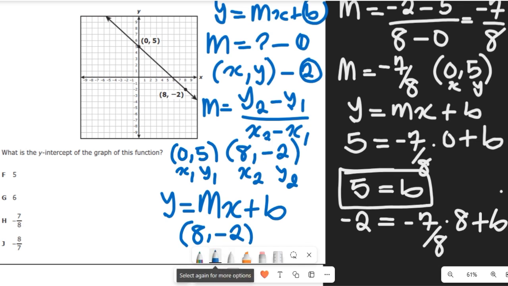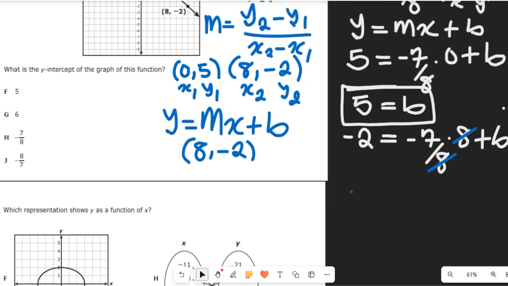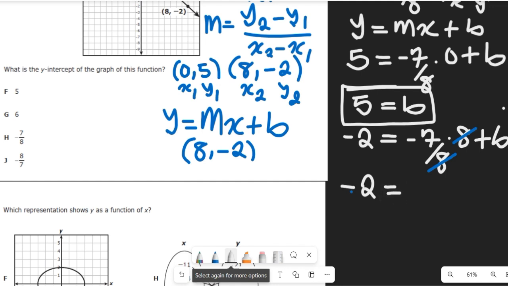And over here you see that 8 will cancel out 8, and then that expression will now give me negative 2 equal to negative 7 plus b. Now if I add 7 to both sides, I'll have negative 2 plus 7 equal to b, right?